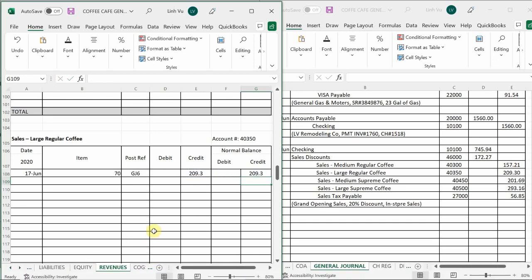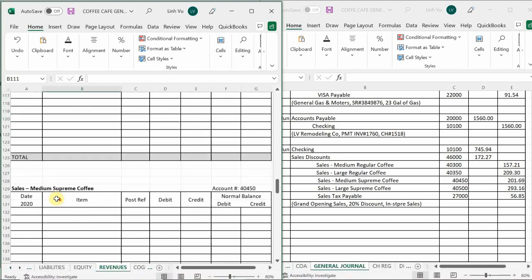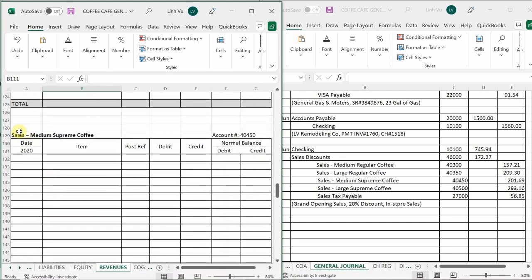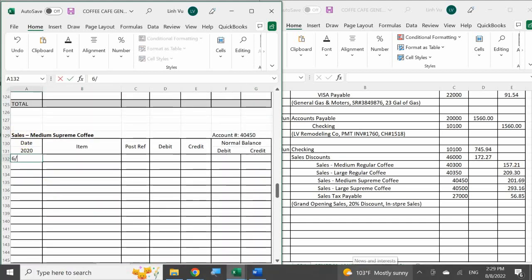And then go to medium supreme. So 80 cups, and that amount is 201.69.